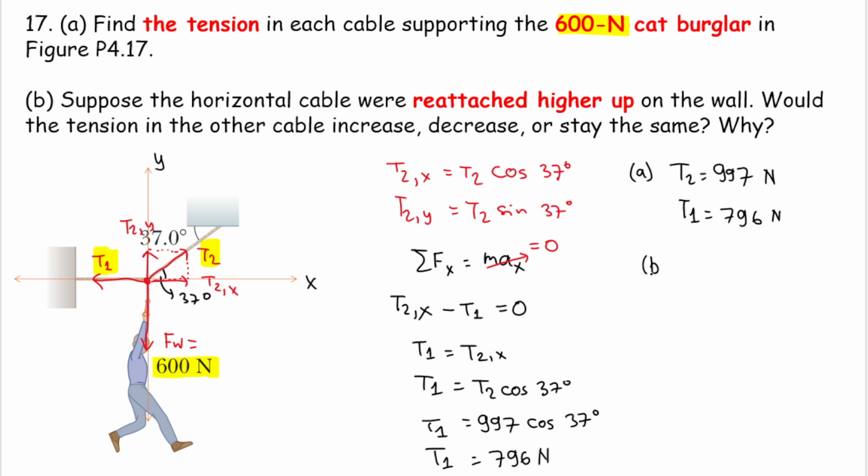Now let's answer question B. Suppose the horizontal cable were reattached higher up on the wall.